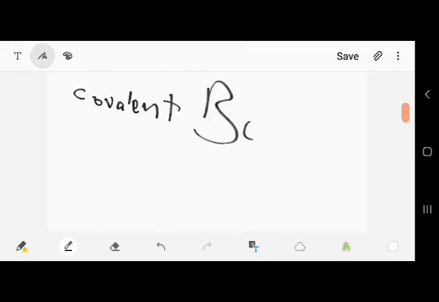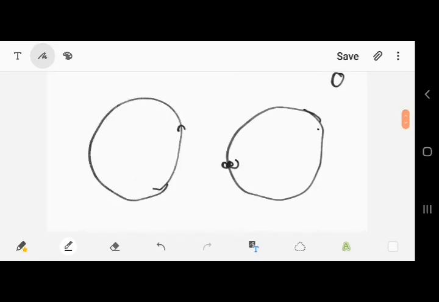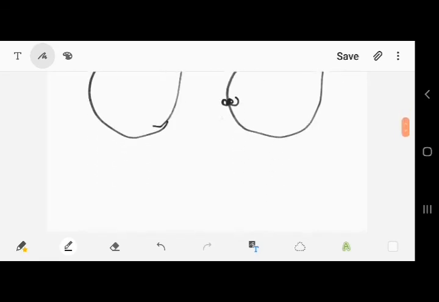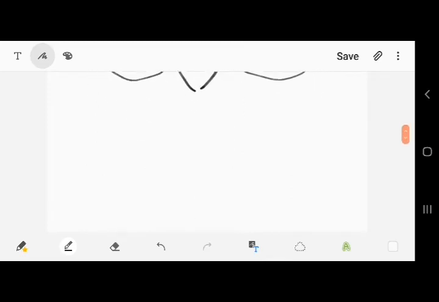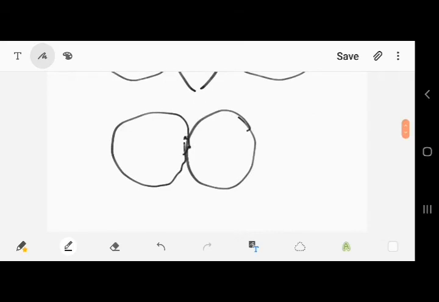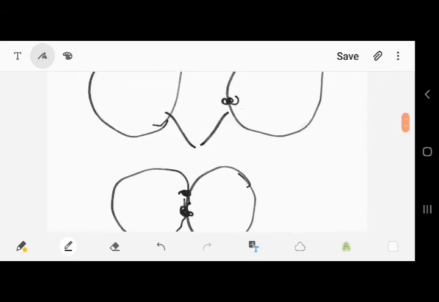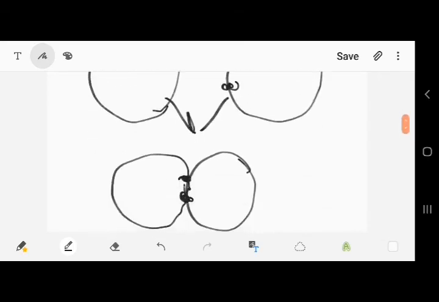I am sure all of you know what a covalent bond is. In a covalent bond, we have a molecule here, one electron, another one electron. These two combine to form this, like this. This is a covalent bond.